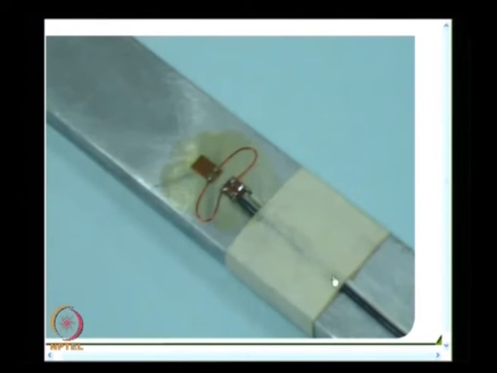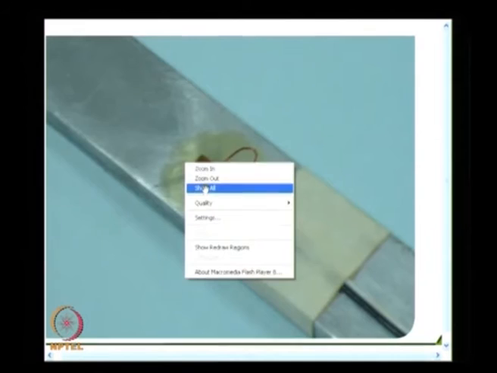So, if you pull the lead wire, that load will be taken care of by this anchoring, and it will not be sensed by the soldering contacts. And what you see as light yellow, what is put on the strain gauge, is the polyurethane coating. So, it prevents moisture absorption in the strain gauge system, and it makes your measurement more meaningful.